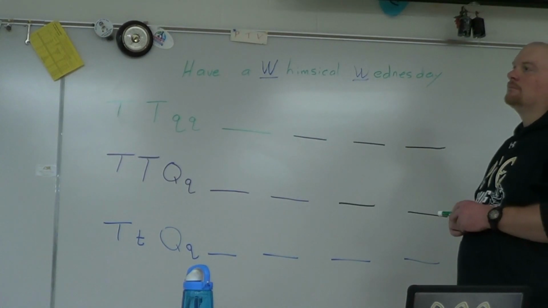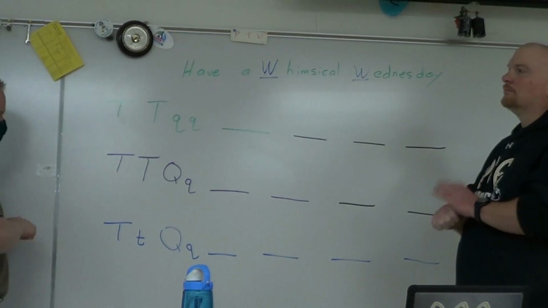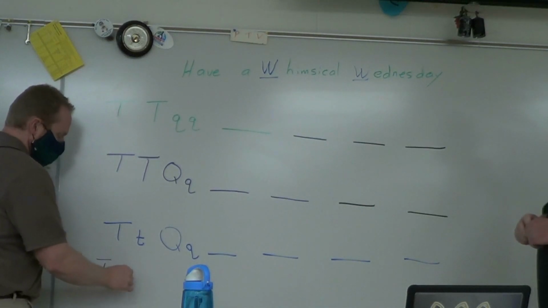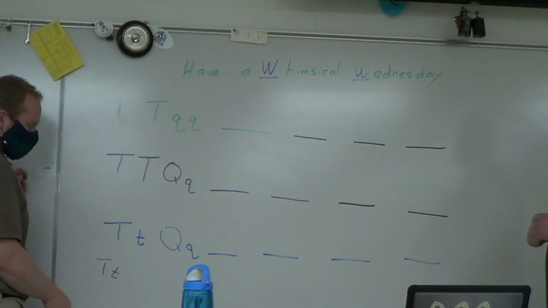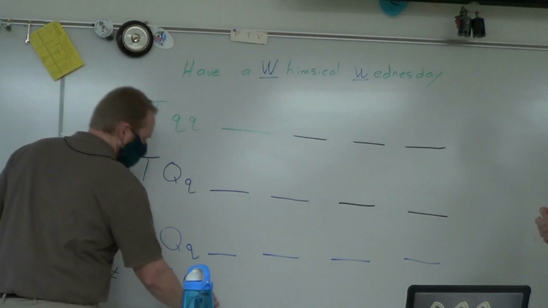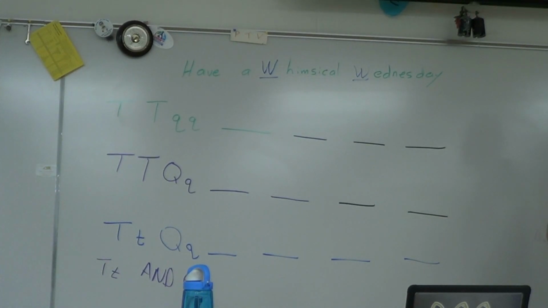Looking at this third one, this is a big T, little t trait, and a big Q, little q trait. They're two different traits, and the individual is heterozygous for T and heterozygous for Q.